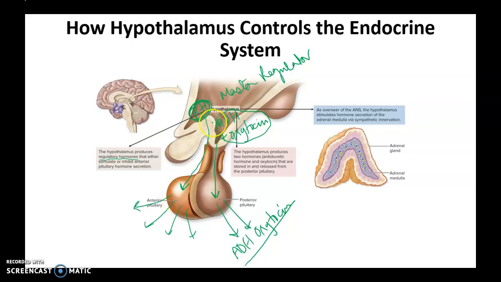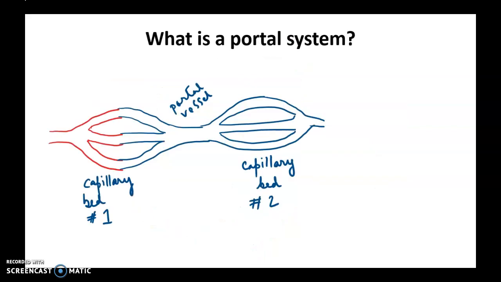To understand that, we have to understand something called a portal system. Let's talk about that. This is a picture that I usually draw on the whiteboard in class. Since we are doing it all online, I just drew it out for you.